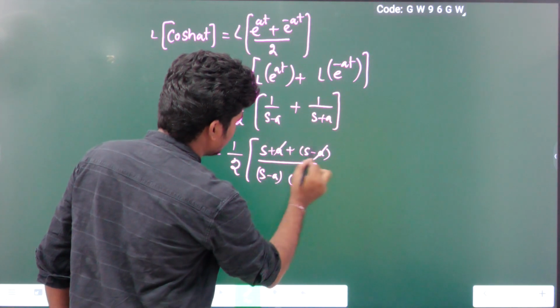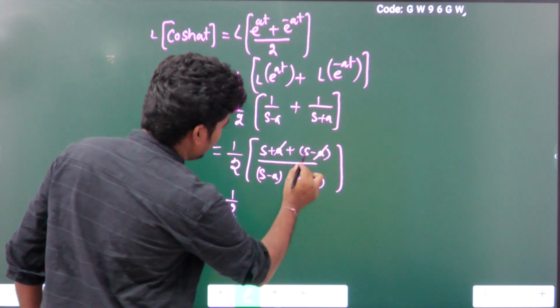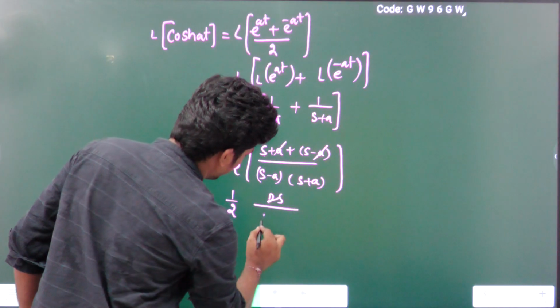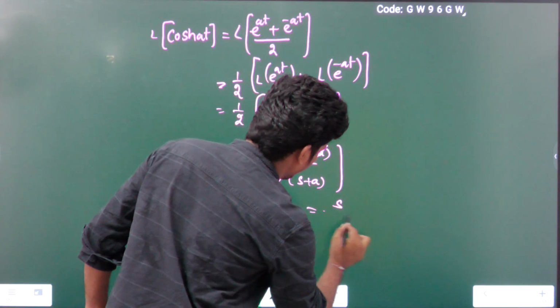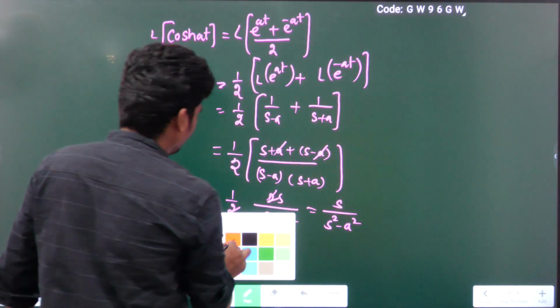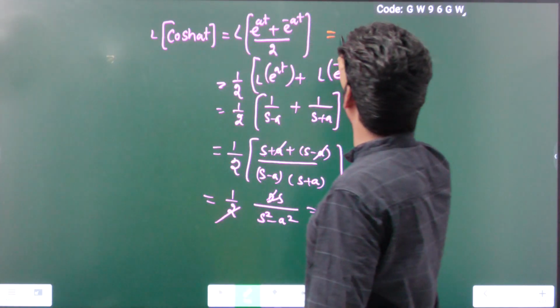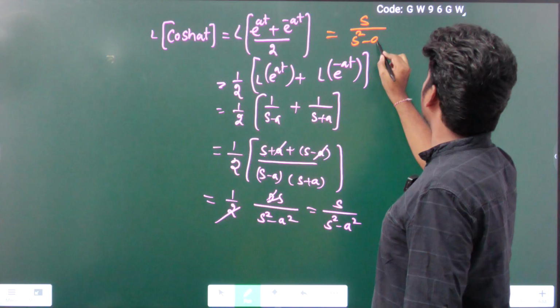Here minus a and plus a cancel out. So 1 by 2, s plus s will be 2s, by s square minus a square. The 2 gets cancelled. This is s divided by s square minus a square. This is the answer.